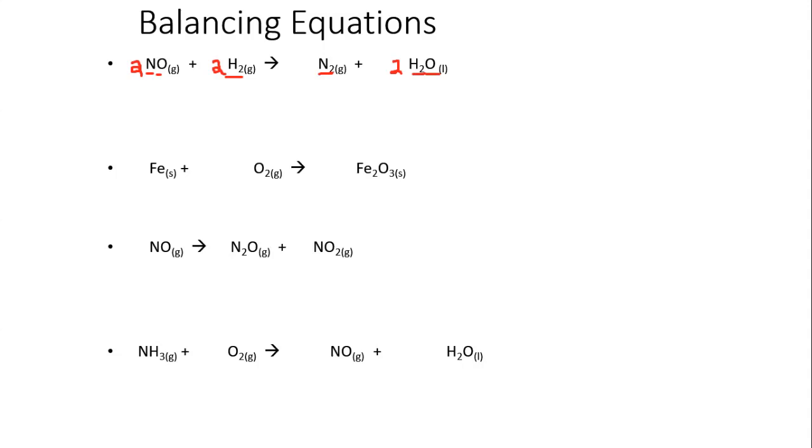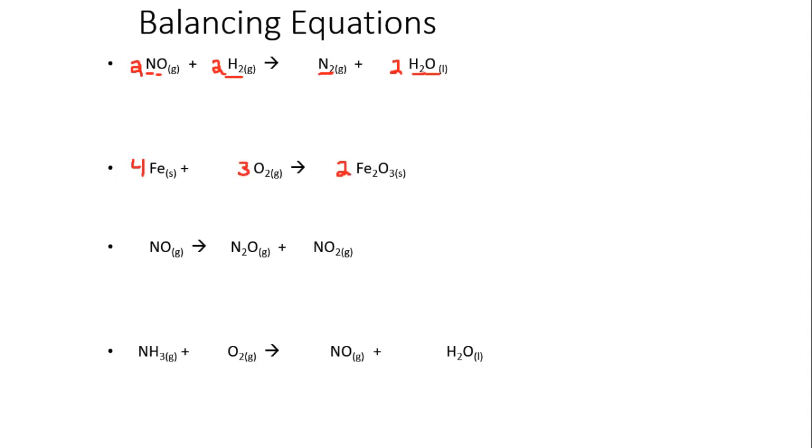Oxygen is 2 and 3, so that's an even-odd combination, so we've got to make a common multiple between 2 and 3, which is 6. So we're going to put a 2 here, and that means we have 6 oxygen. We can put a 3 here, so now we have 6 oxygen. So we have 4 iron. We can easily put 4 iron on this side. So now we have a balanced chemical equation.